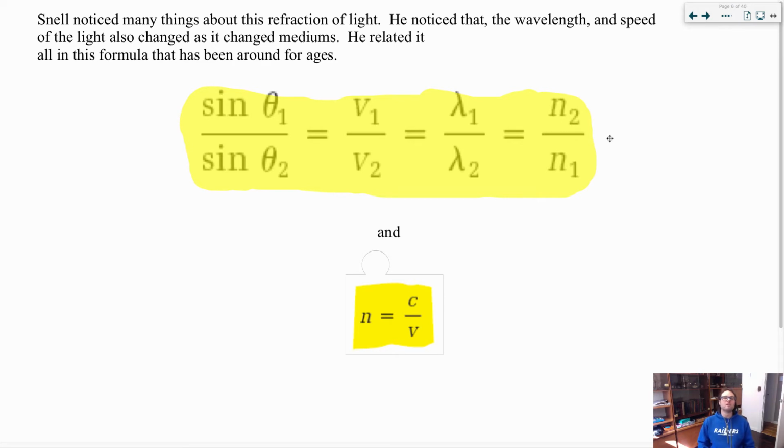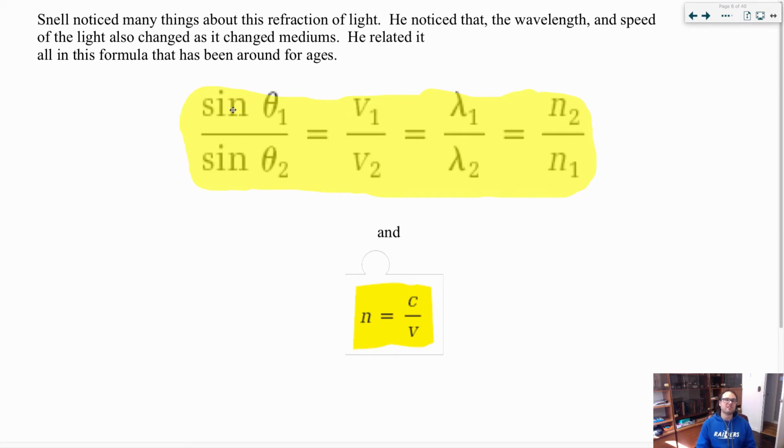He noticed that the wavelength and speed of light also changed as it changed mediums. He also noticed, remember, that frequency does not change. So for electromagnetic radiation, we could have a change in wavelength, we could have a change in velocity, but we cannot have a change of frequency. That is always constant.